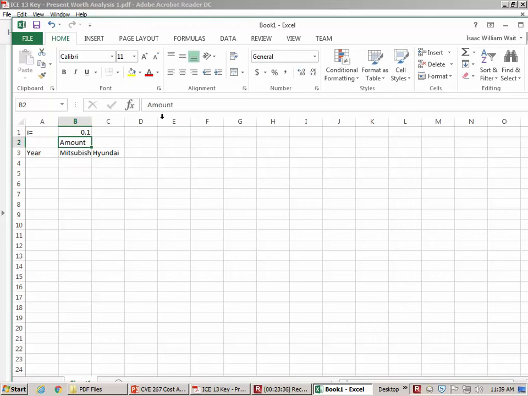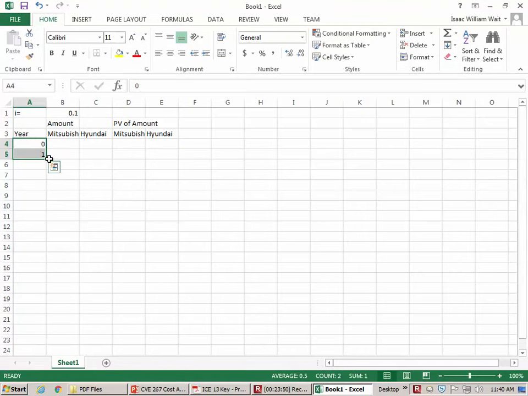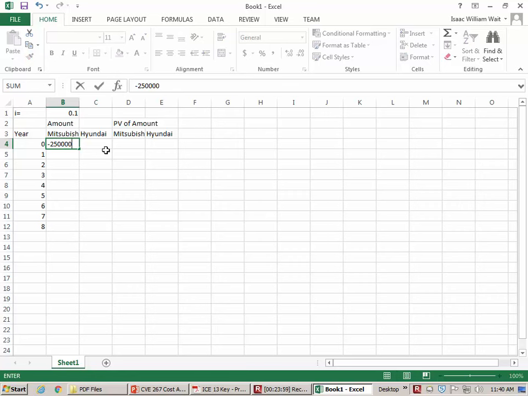Now these are going to be the actual amounts, and then this is going to be the PV of the amount. And we'll do that here. All right, so years 0 through 8. And then the net investment for the Mitsubishi is we have to pay $250,000. The Hyundai we have to pay $205,000.